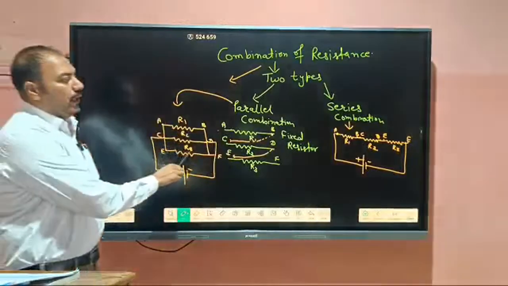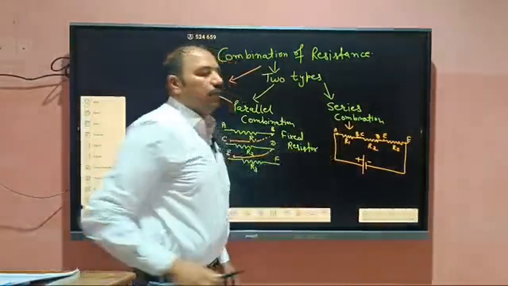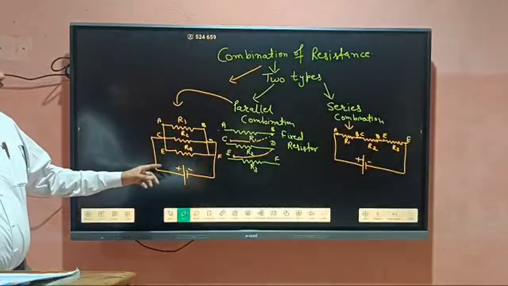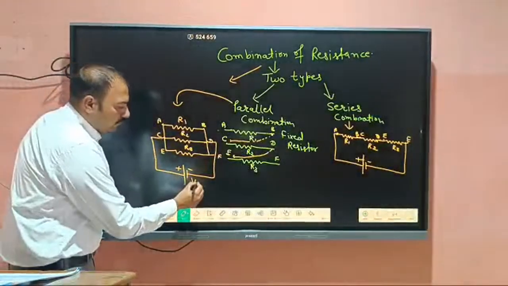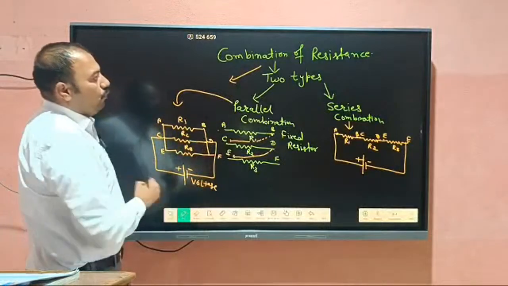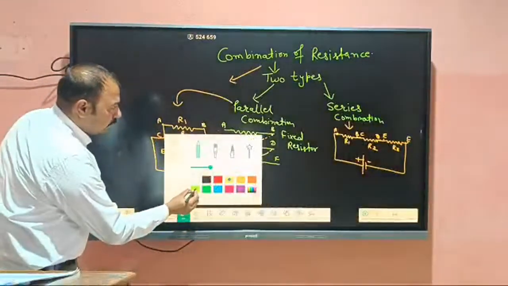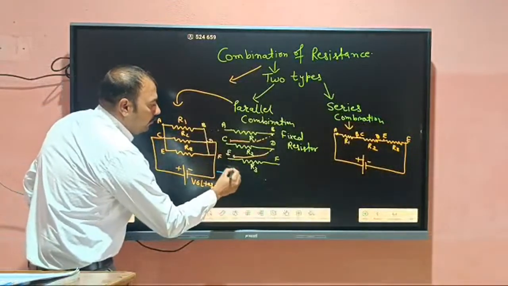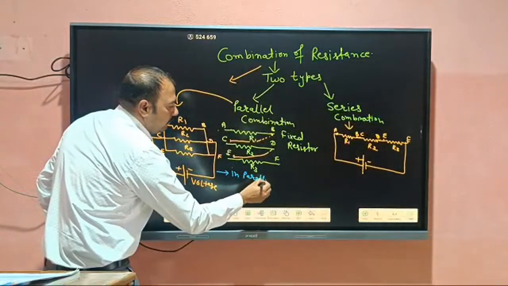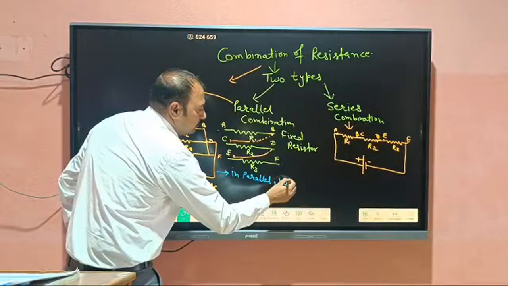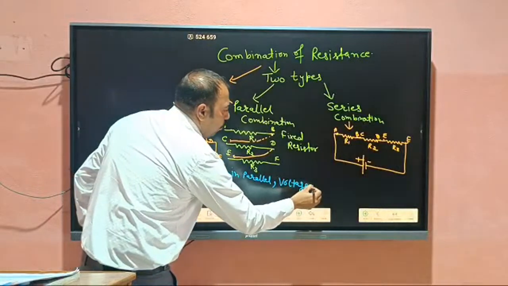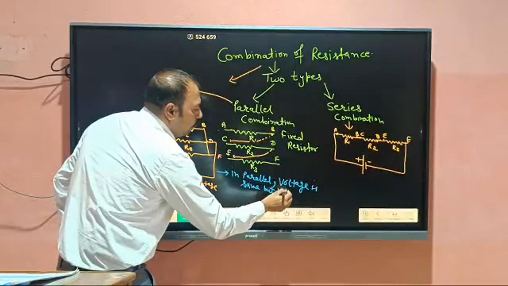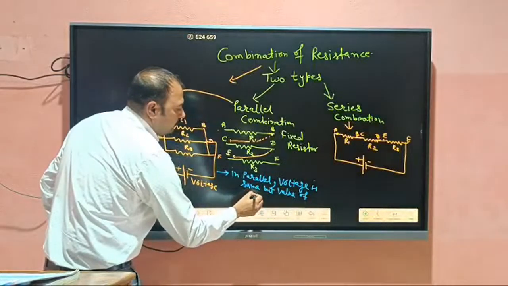This combination is known as parallel combination and the other combination is known as series combination. So in parallel combination voltage is the same, but the value of current is different.